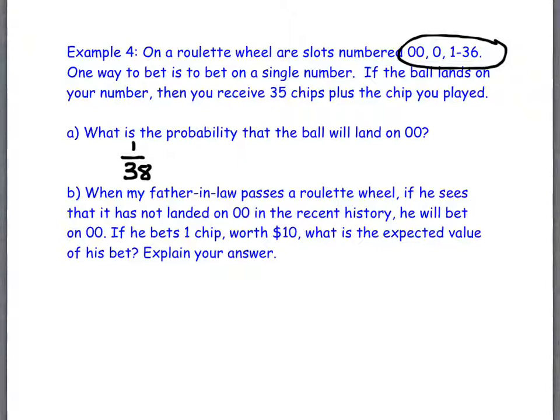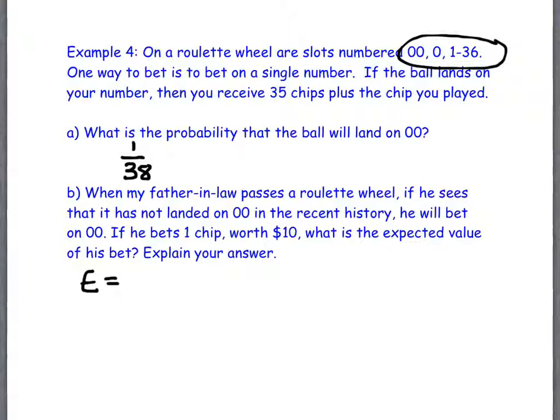According to the expected value formula, we're going to figure out the expected value by taking the outcome, what happens, times the probability that it happens. One probability is that you land on the 00, which means he wins money. The other is that you don't land on 00 and he doesn't win any money. There are only two outcomes in this scenario.